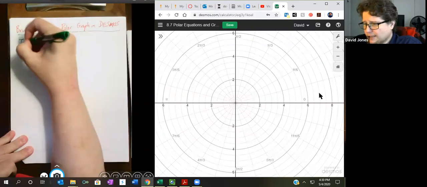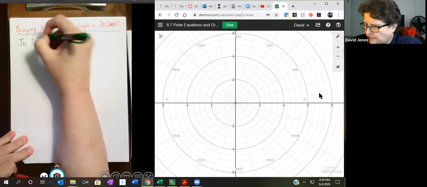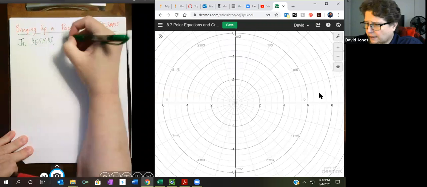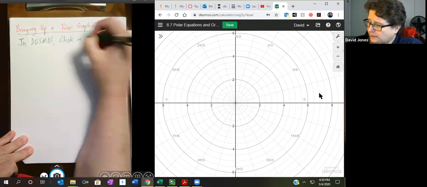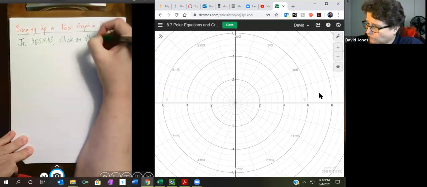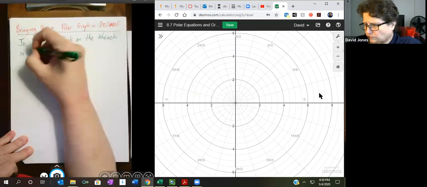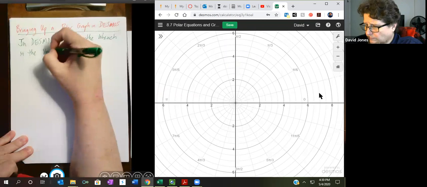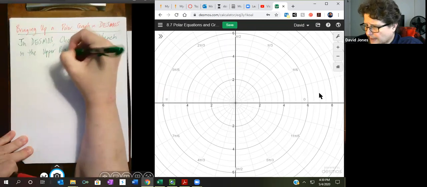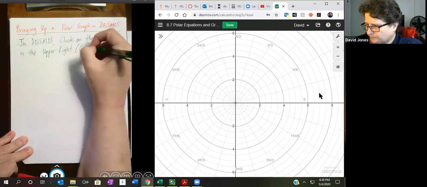In Desmos, click on the wrench in the upper right. It says graph settings there.